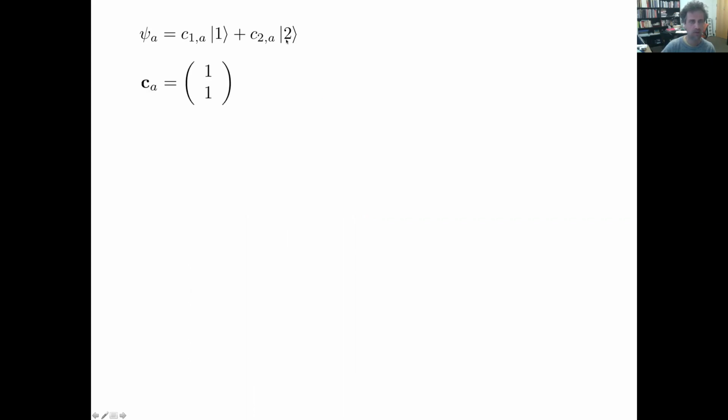And we have found the column vector that is associated with this wave function. It's A, the first column, and it has the coefficients 1, 1. So this coefficient here is 1, and the second coefficient is also 1. This is the first molecular orbital that I'm finding through this procedure.